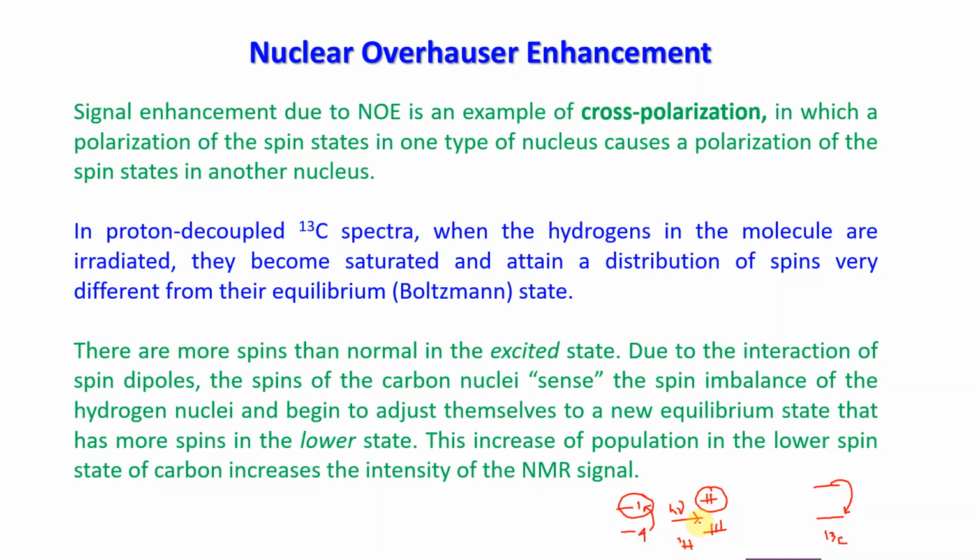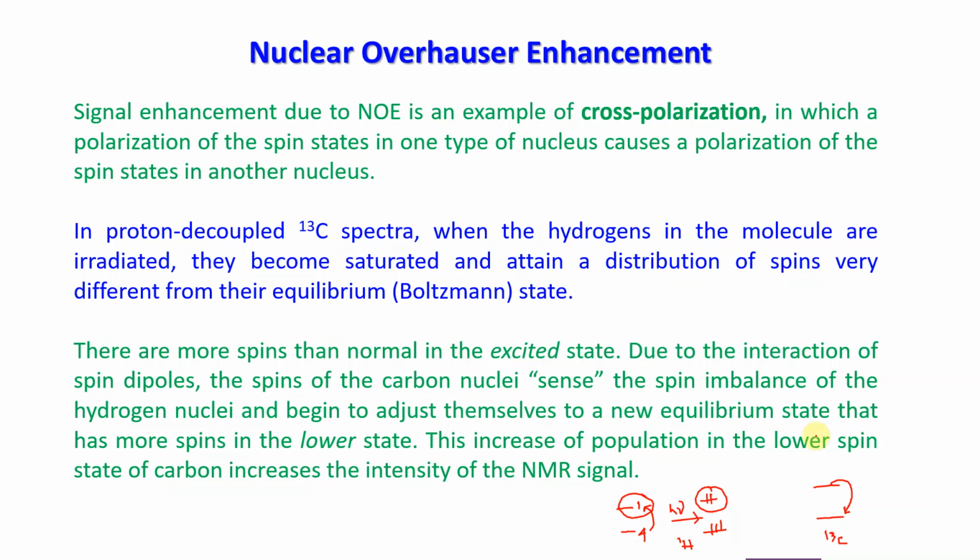Now what happens is, you have nearby 13C. Since the overall system is disturbed by increasing the population of the spin at its higher state for the proton, the whole system tries to maintain the overall dipolar effect of the whole system.